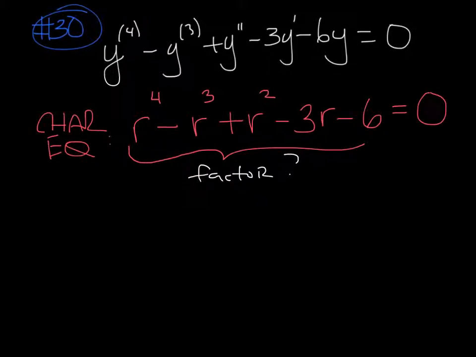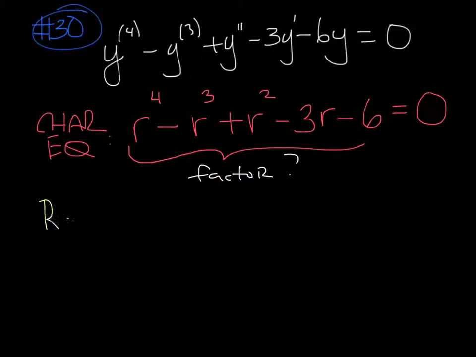Let's see, any GCF? No GCF, not in all terms, right? Maybe here and maybe here, but then we don't want to leave our negative 6 alone. I mean, we could factor an r from here and here, but it's not going to help us in our goal. So we are probably going to be using the rational roots theorem.